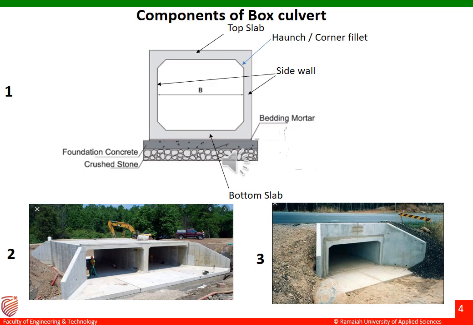First, in order to get a level or rigid surface, the subgrade has to be made with a layer of crushed stone with fine aggregates, a mixture of both fine and coarse aggregates. Over that you have to put a layer of PCC, and over that PCC layer you provide a layer of cement mortar, to get a proper bond between the structure and the foundation concrete.